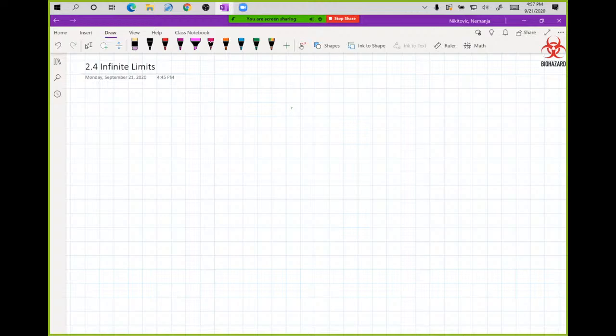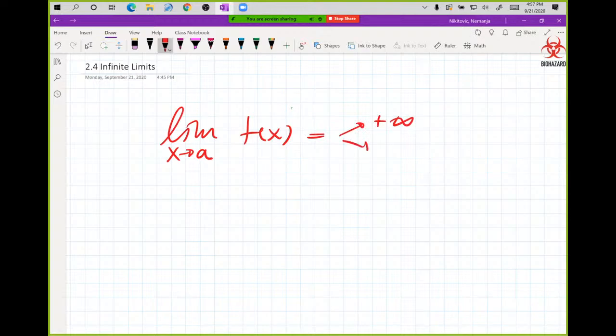The goal of this lecture is to see what happens when the answer to the limit is infinity. So you can have the limit as x goes to some finite value a of f of x, and you get either positive or negative infinity. So that's our goal: infinite limits.